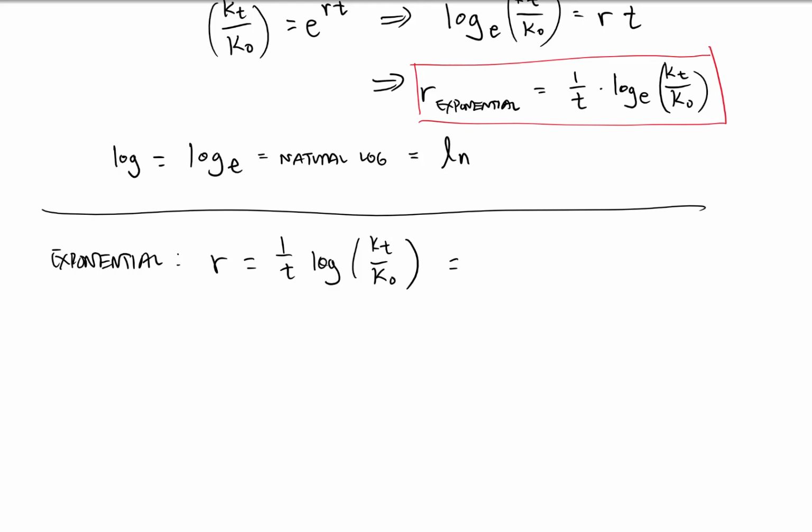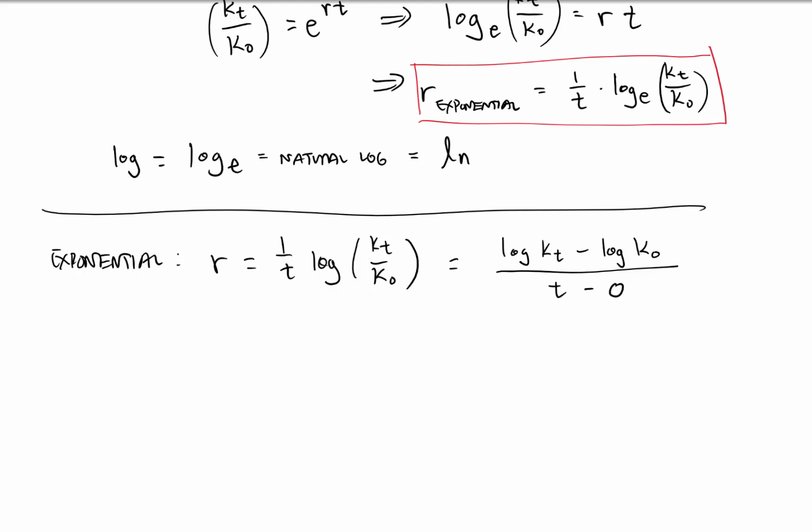I'm going to write that like this: the log of kt minus the log of k0, and this whole thing over t. How did I get that t? Those were the t years. That was the difference between our starting population at time 0, our initial one, that's why k0, and then kt.